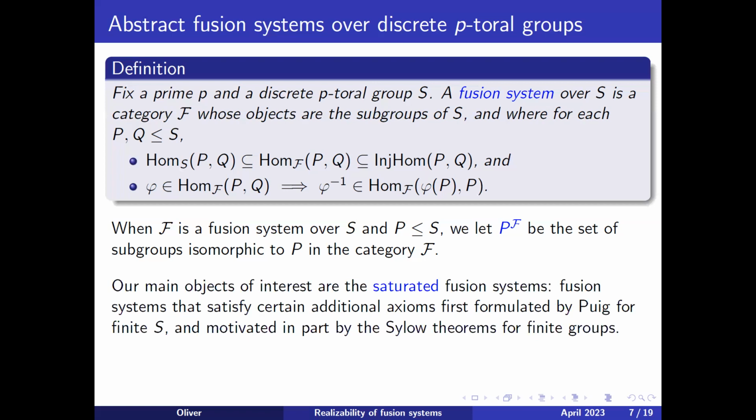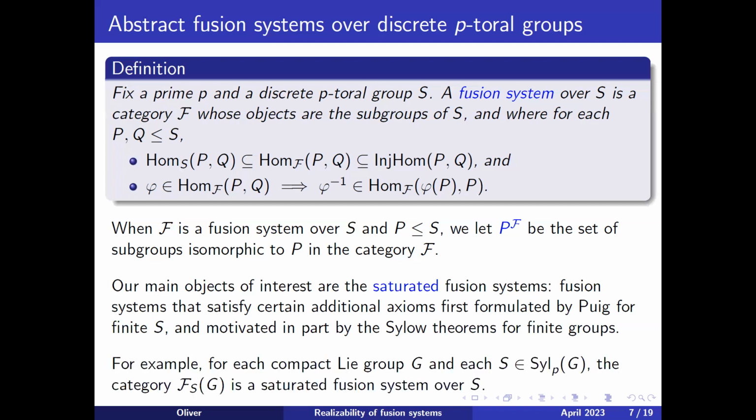Now, so far, these conditions are not restrictive enough. So our main objects of interest are the saturated fusion systems, which satisfy the additional axioms first formulated by Puig for finite S, and motivated in part by Sylow theorems.